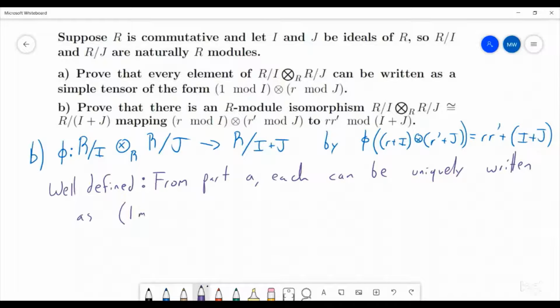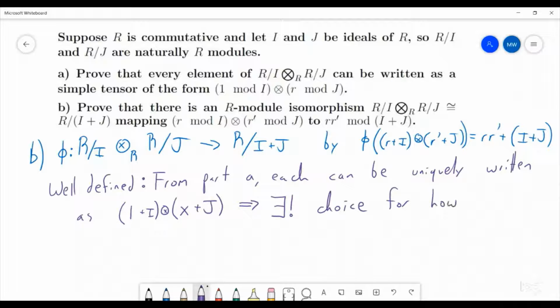1 mod I, so in other words, 1 plus I tensor product with some value, let's call it X plus J. Oh, we used R, we'll stick with X. 1 plus I tensored with X plus J. And so that means that there exists a unique choice for how to define the function.